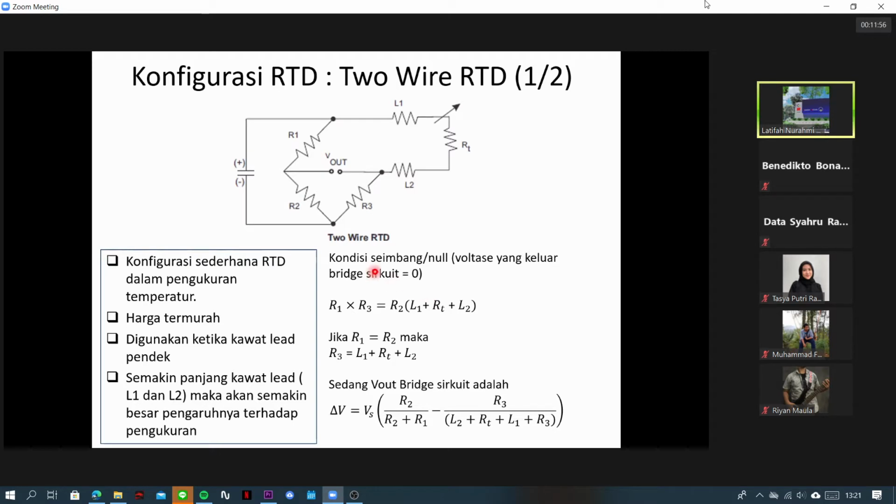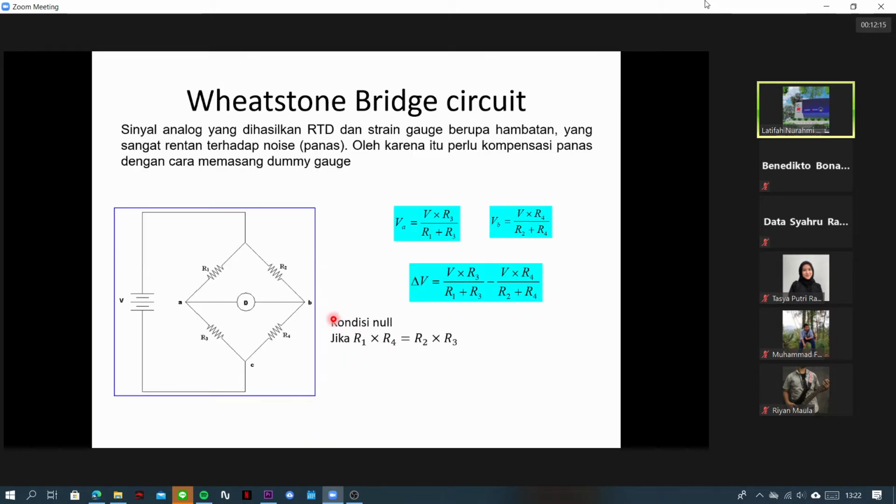When the condition is in balance, in equilibrium, there is no voltage between point here and point here. So you can recall the previous formula, the previous equations, which is here, right?